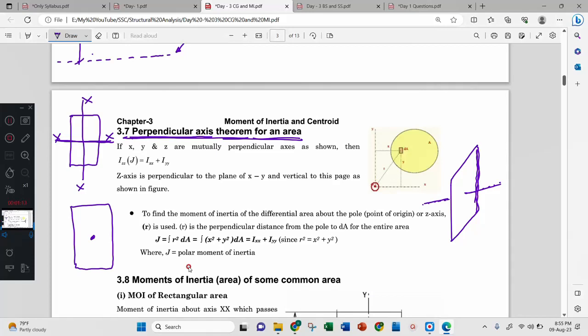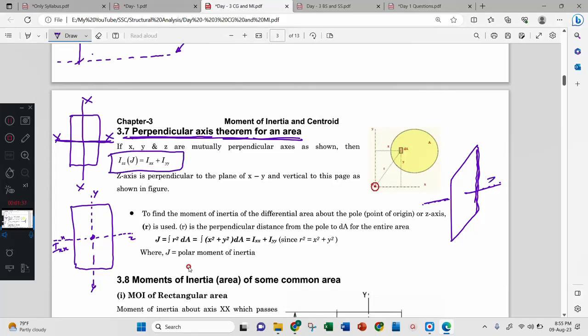See, again I am repeating, every area will have its own moment of inertia in the central axis. Correct? Means we will have Ixx in the xx axis and Iyy in the yy axis. If I add these two, then I will get Izz.